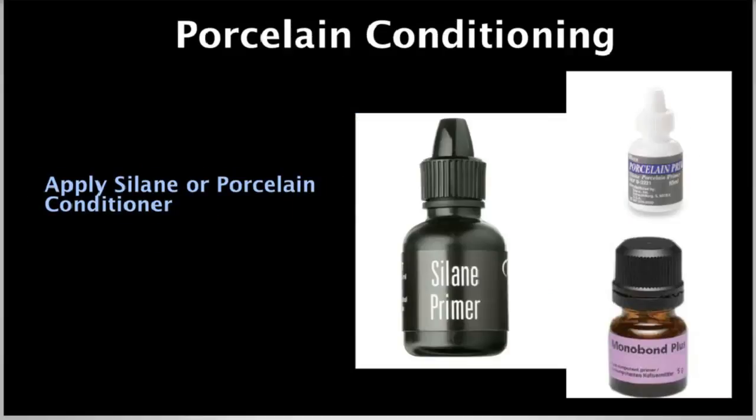And now we're going to condition, or couple, the ceramic. There are lots of materials on the market for doing that. Most of us are familiar with silane, and silane works and is approved for all of our true ceramics, our leucite-reinforced and our feldspars. And then we have blended materials, so things like Ceramic Primer and Monobond Plus actually have both silane and other materials in them that fall into the methacrylate family.